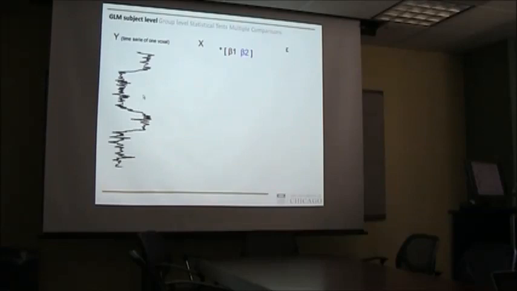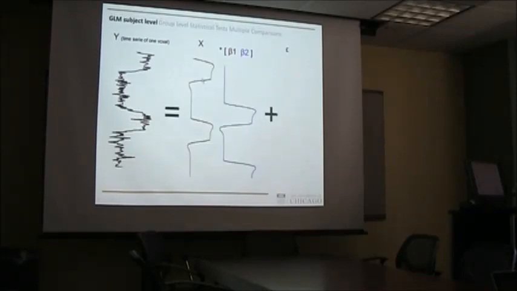So you have this response over time in a certain voxel, and your model then is these two regressors. This one is the regressor that models the onset of the faces, here in red, and then the blue line is the part of the model that incorporates the onset of houses.